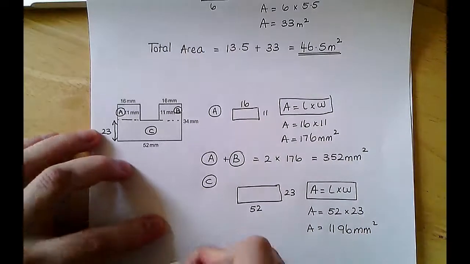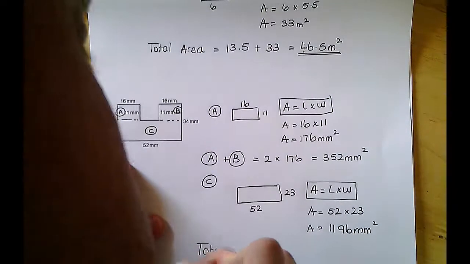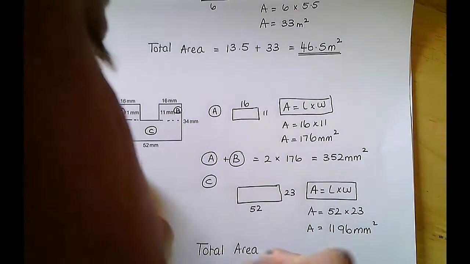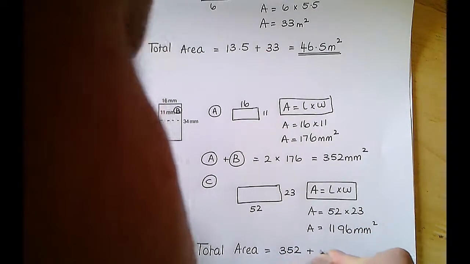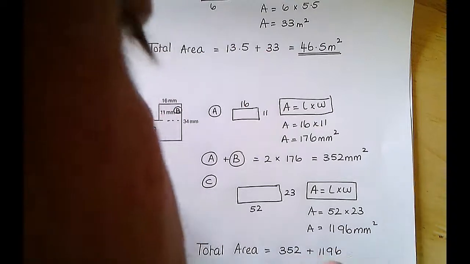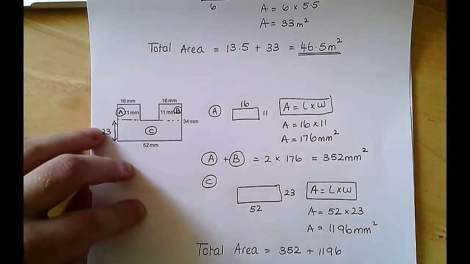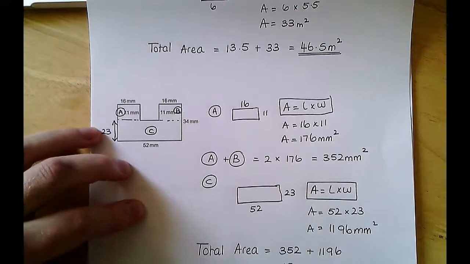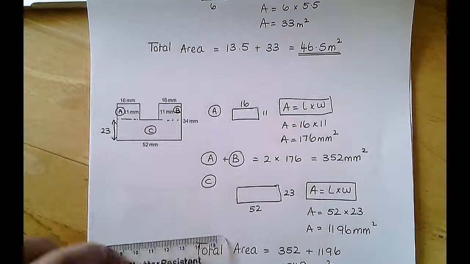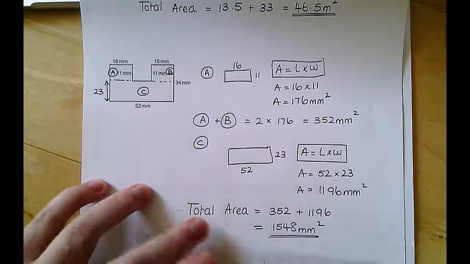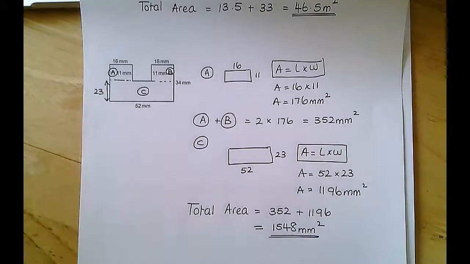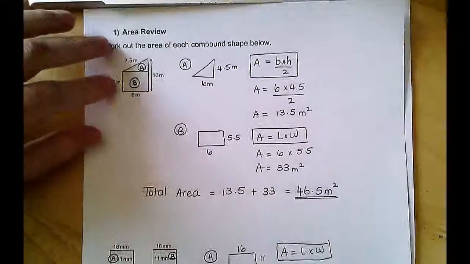So therefore total area is 352 plus 1196, which gives you 1548 square millimeters. So that's how you should do question 1.